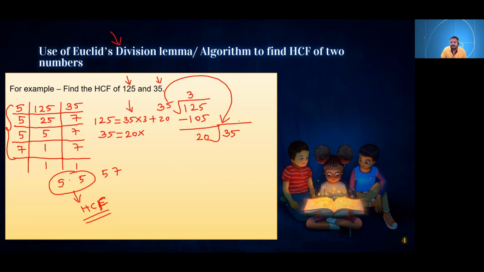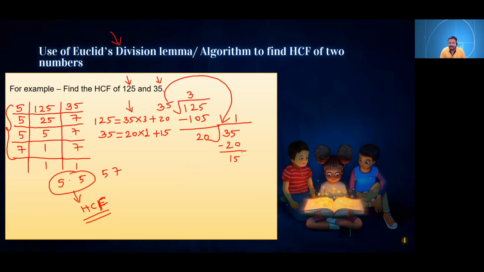Now 20 ones is 20. If we subtract it, what will we get? 15. So here 1 will come and here plus 15 will come. Using Euclid's division lemma, I'm arranging the things.